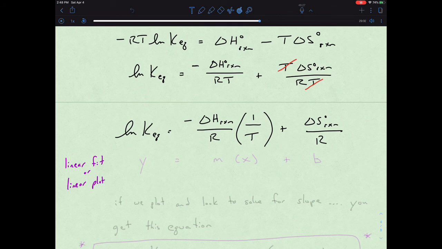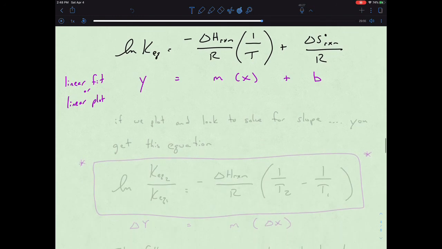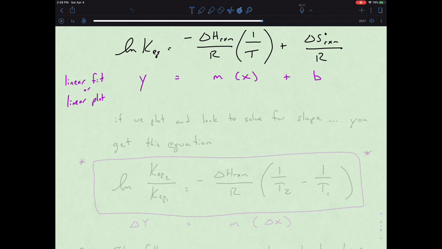We have here y is equal to mx plus b. The natural log of our equilibrium constant is our y-axis. 1 over temperature is our x-axis. Our slope is the negative enthalpy of reaction over R. And then our y-intercept, or b, is the entropy of the reaction as well over R.